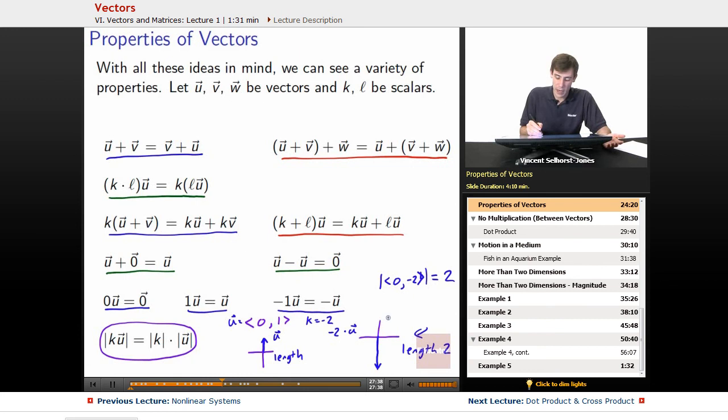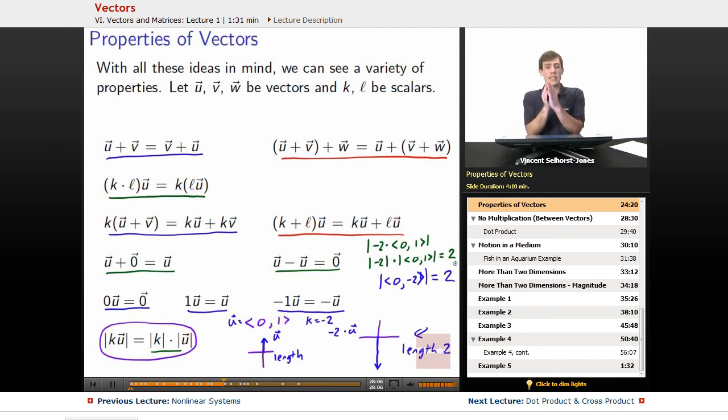But if we'd separated this out into negative 2 times u, right? If we'd separated this out into negative 2 times <0, 1>, what u started off as, well, we could break this by this rule into the absolute value of our scalar times the length of our initial thing, which would give us positive 2 times 1, same thing.